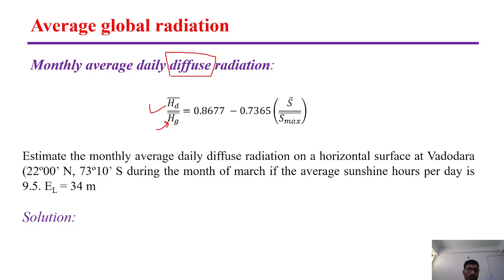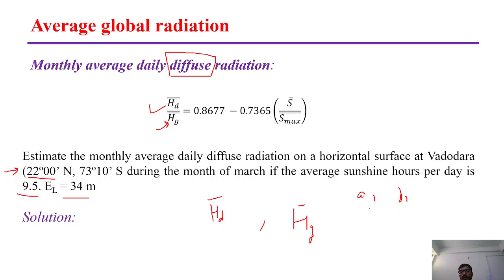So now again the problem is the same, and we know the latitude, we know the value of S, we know the value of EL. We have to calculate the value for HD bar. So for HD bar, first we have to calculate the Hg bar. To calculate the Hg bar, we should know the value for the correlation A1 and B1.